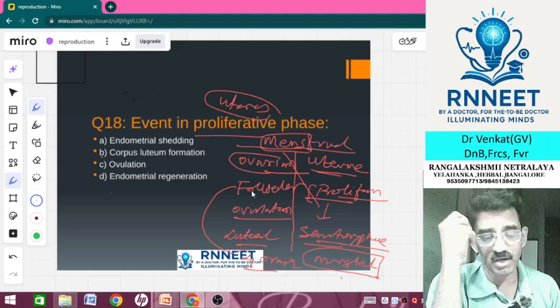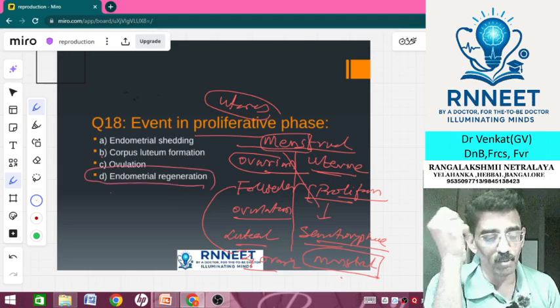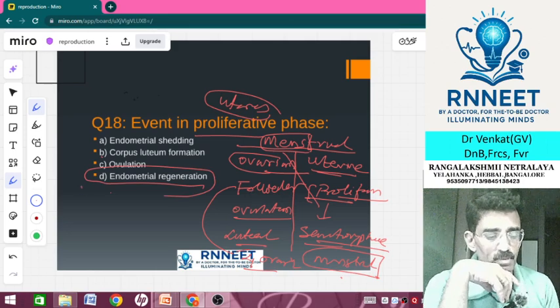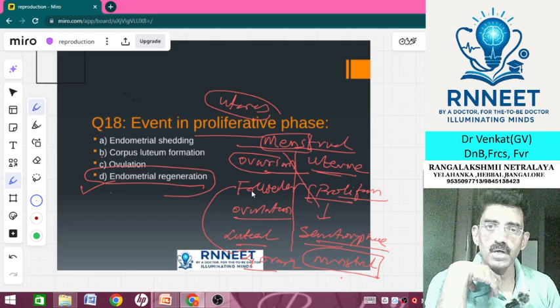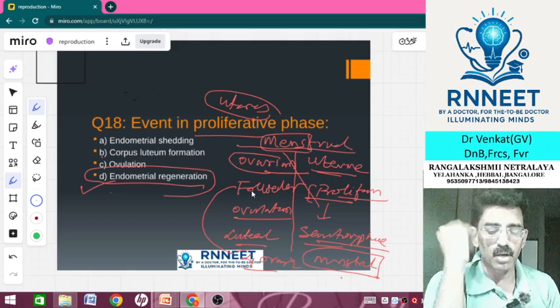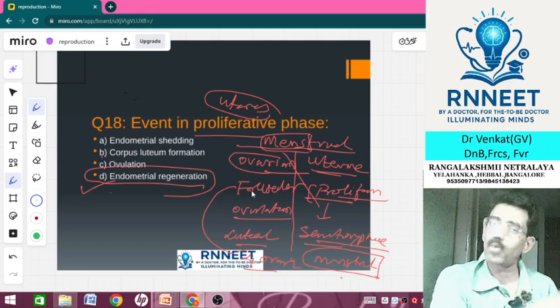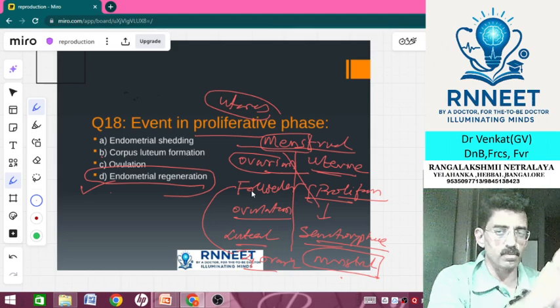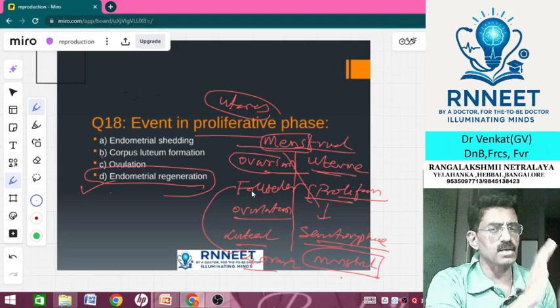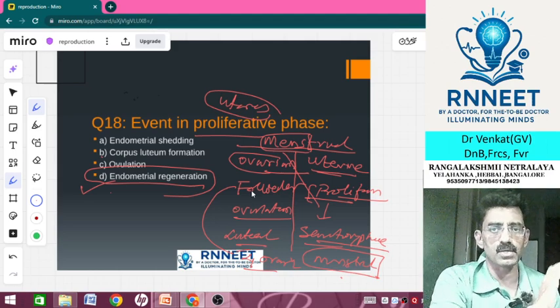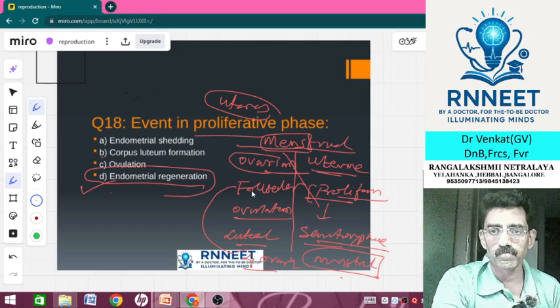Endometrial regeneration, so more endometrial cells are formed, and that is the answer. It is very important to remember the menstrual cycle in two parts, the uterine phases and the ovarian phases, and based on that any question on menstruation can be easily done.